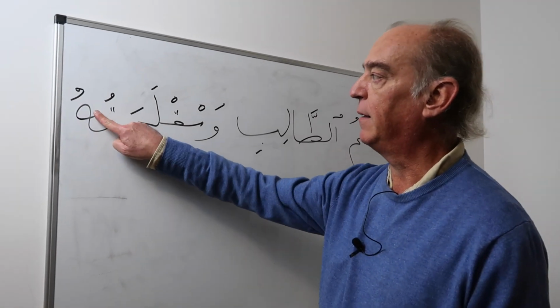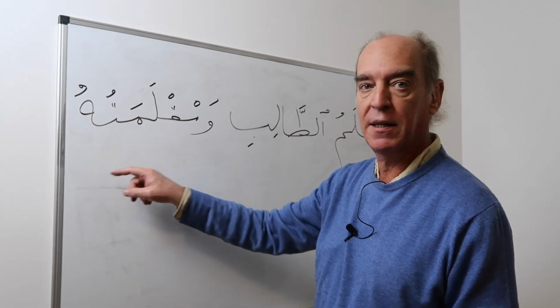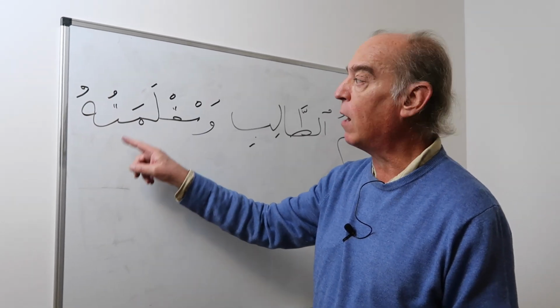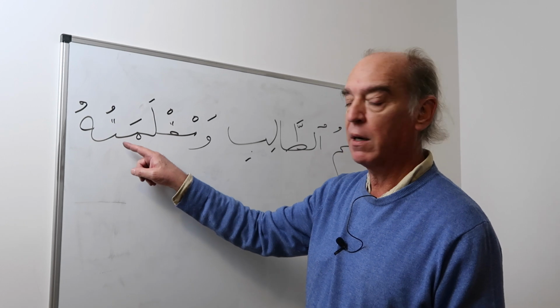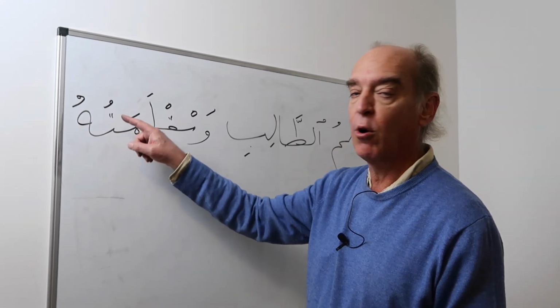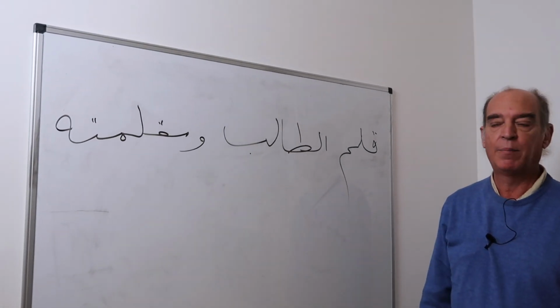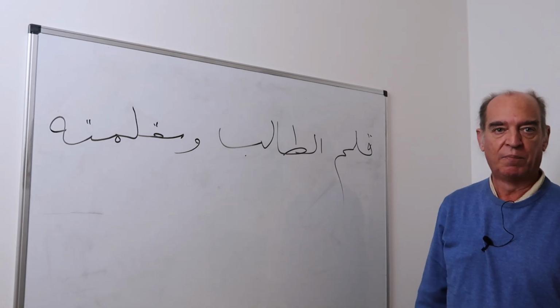You remember that this hu is a personal suffix pronoun corresponding to huwa. And you remember that ta marbuta, when it's followed by a suffix, is written as a normal ta. Without vowels, qalam at-talib wa maqlamatuhu.